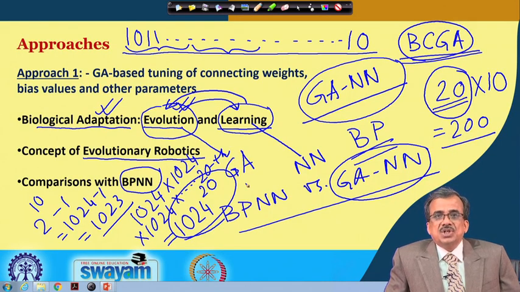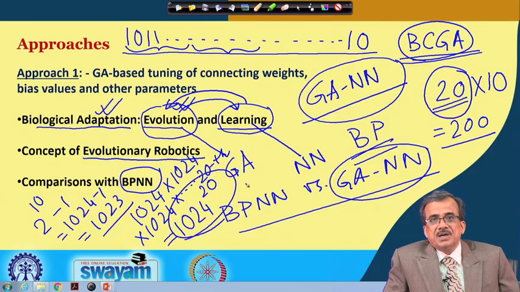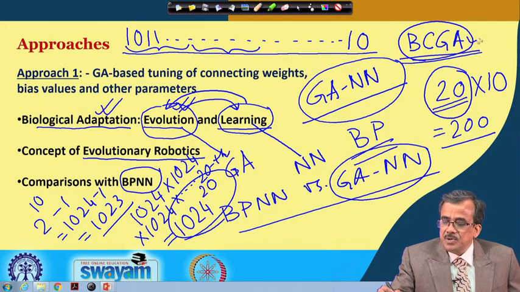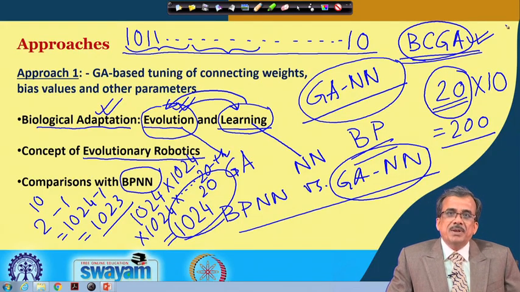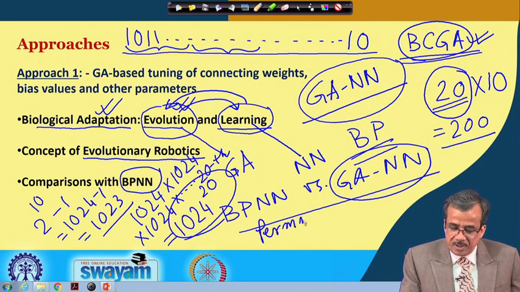That means the GA will have to carry out a search over so many combinations of the input variables or design variables before it can declare that this is the globally optimal solution. This is a very difficult task for the binary coded GA, and this problem in genetic algorithm is known as the permutation problem.